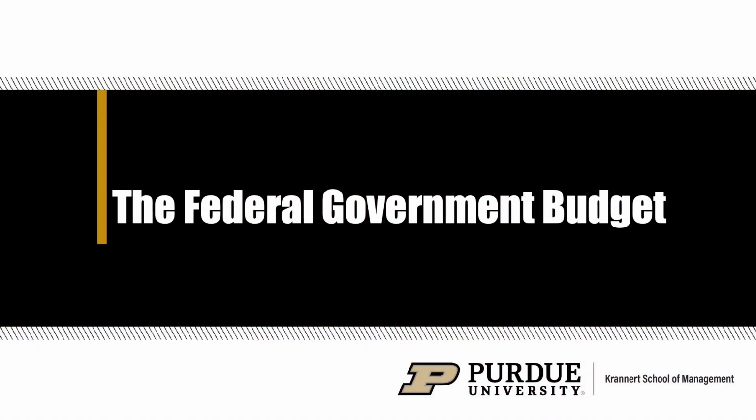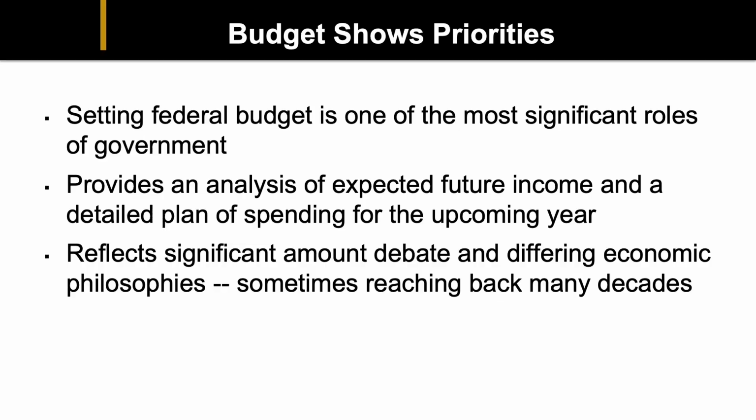We'll start by focusing on the federal government budget, which really is the focus for the course, but I want to at least mention non-federal government budgets. One of the most important things to remember about the federal budget is it shows priorities. Setting the federal budget is one of the most significant roles of government.